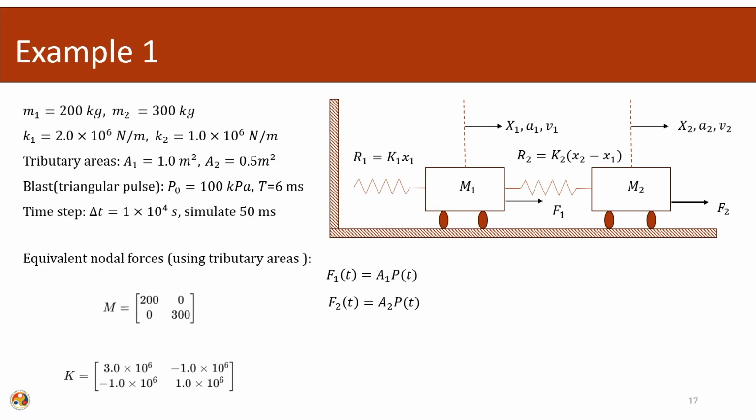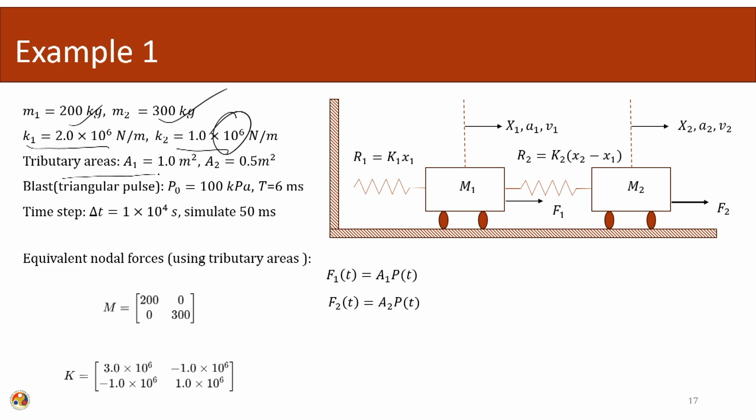Now let us put some numbers and try to do the solution. For the same example, we have taken m1 and m2 as 200 and 300 kg respectively, k1 and k2 as 2 and 1 Newton per meter, raised to the power 10 to the 6.